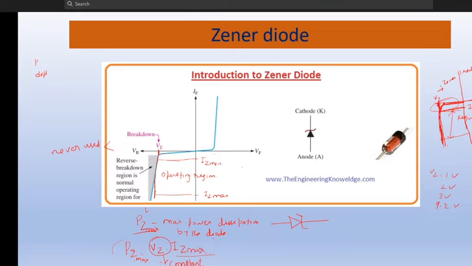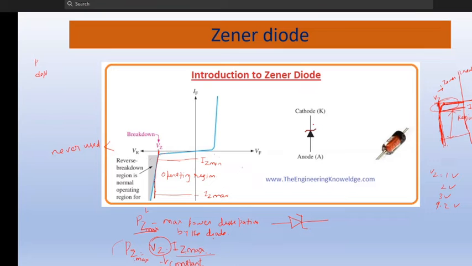Zener is the name of the scientist who discovered it, who was studying the breakdown mechanism of semiconductor insulators. So the name came from the scientist who discovered it, and the symbol looks like this.